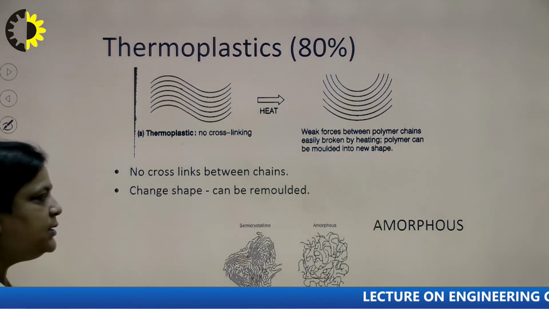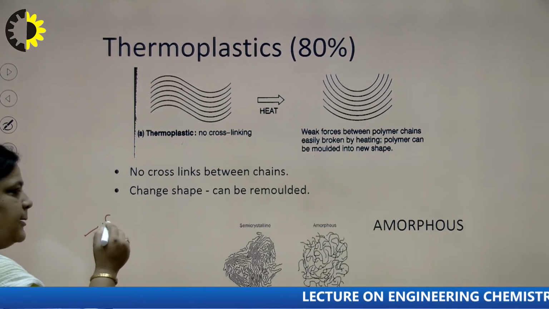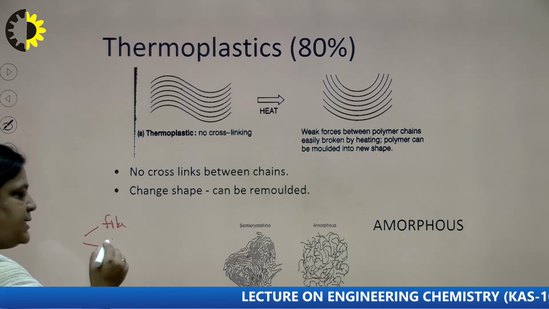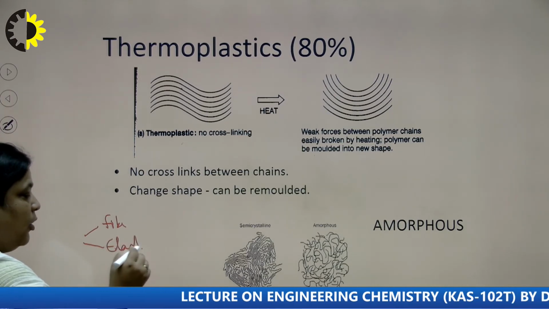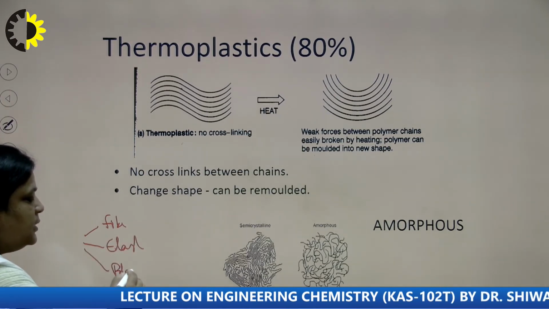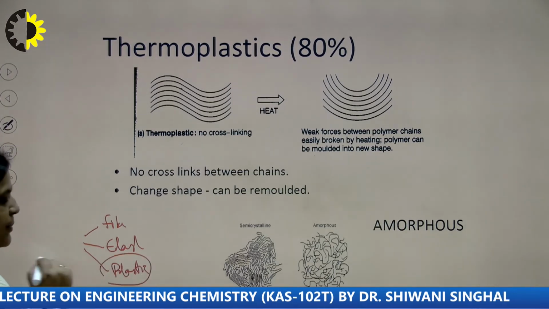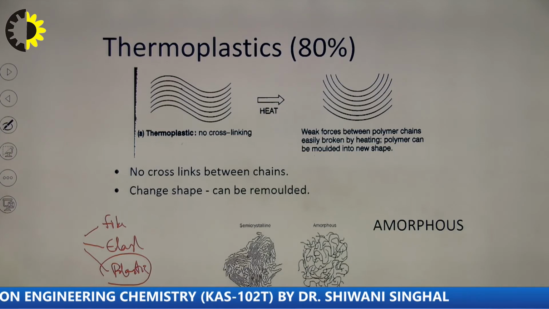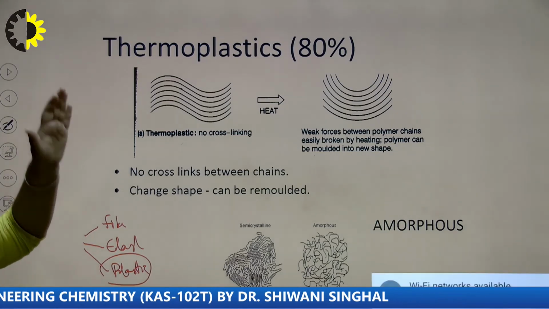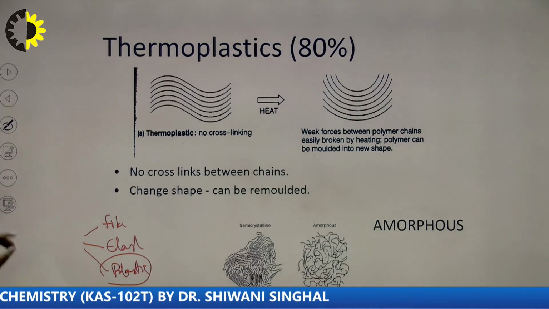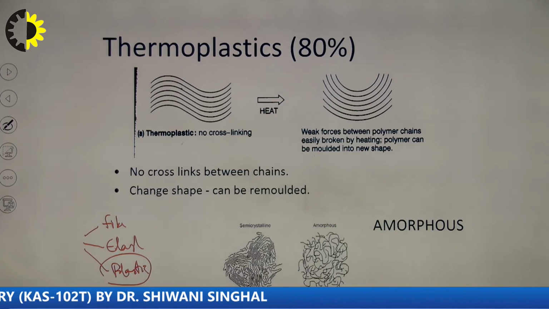Polymers may be fibers, elastomers, that is rubber, or plastics. On the basis of this plastic behavior, the polymer may be thermoplastic or thermosetting. Now, what is thermoplastic?